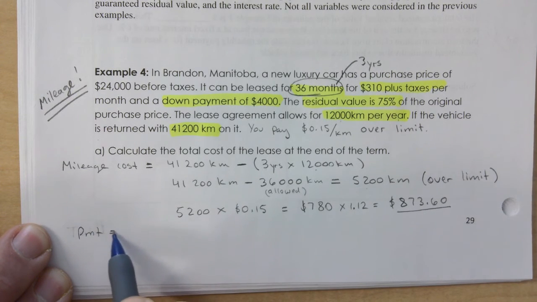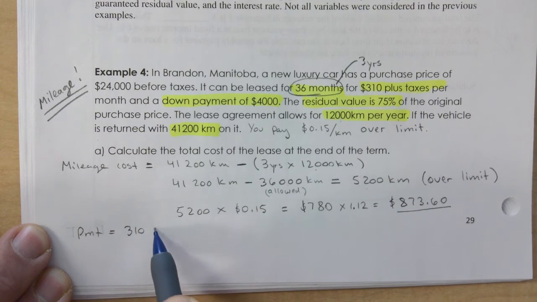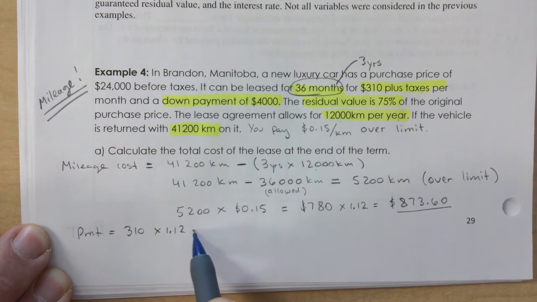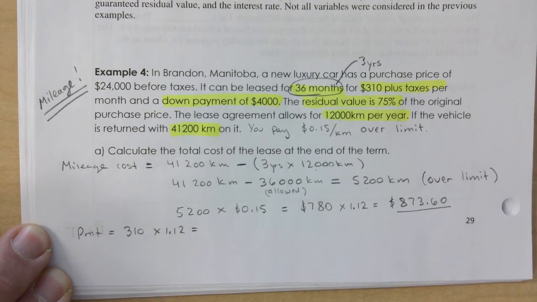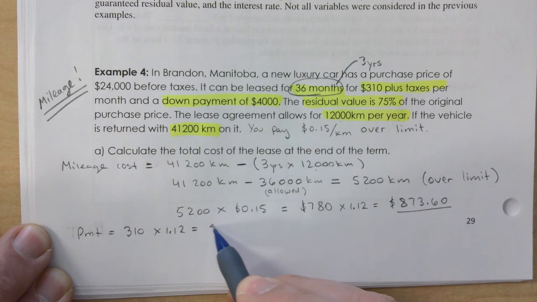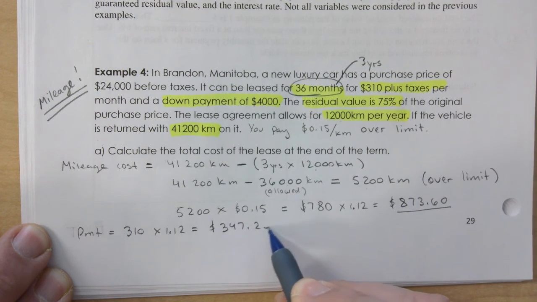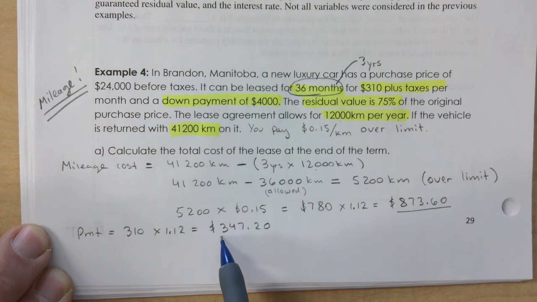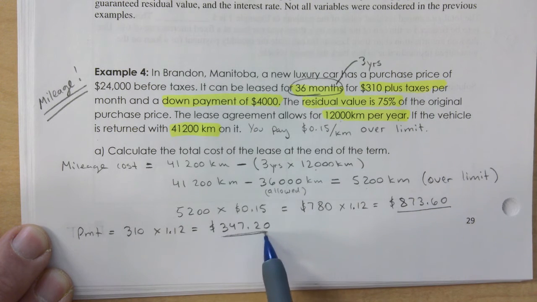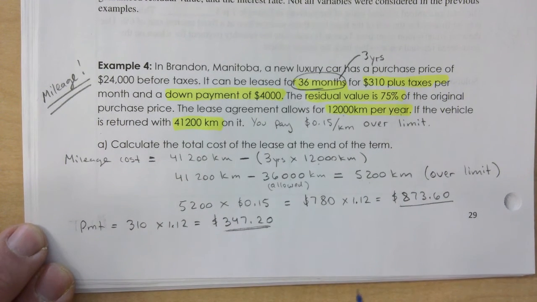Payment is $310 plus tax. I'm going to run out of time here. That is my payment. That's important to me. Let's just finish this question before we go, okay? There's one more line that I need to add here.